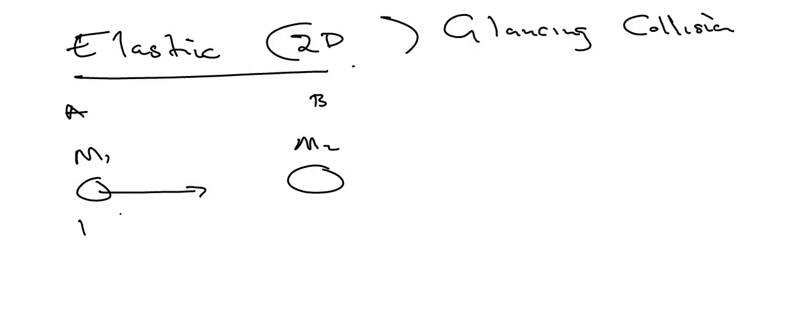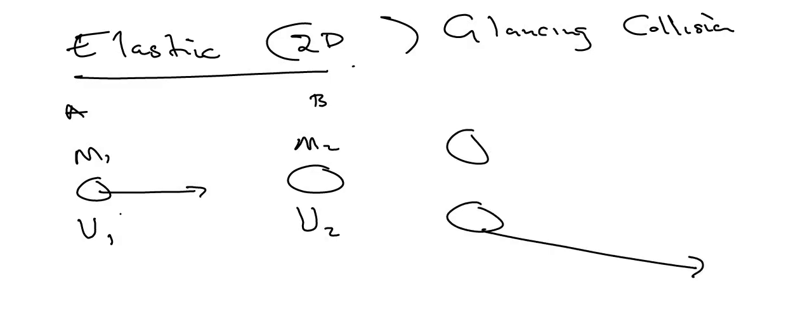Let's say this is moving with initial velocity u1. This is at rest, meaning it has u2, which is 0 if it's at rest, or if it's given, you use whatever is given. Then once m1 glances at m2, let's say m1 goes in this direction and m2 goes in the other direction. So it's in 2D because of the angles that we are having.